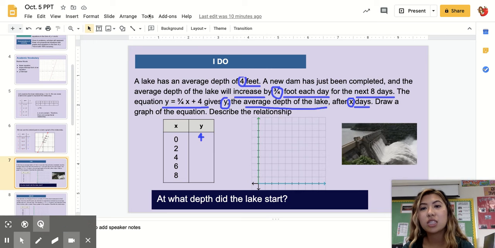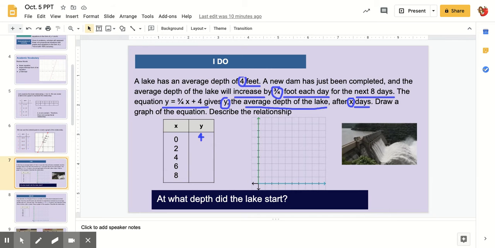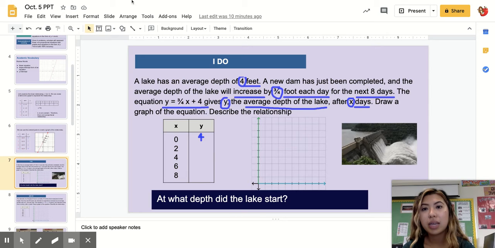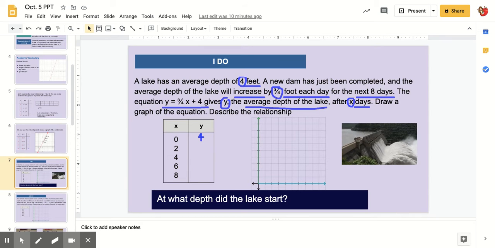And so on Desmos, we can go ahead and plug in 3/4 times 2 plus 4, and that gives us 5.5.